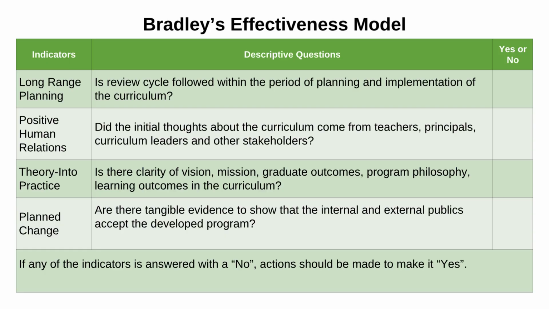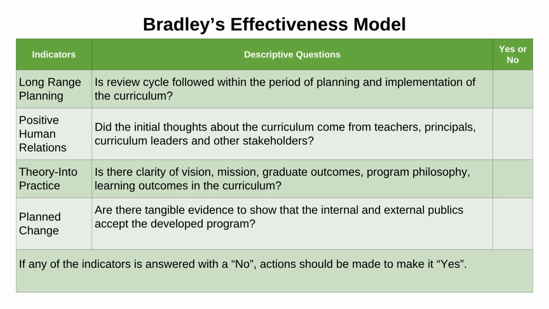7. Theory into practice. Question: is there clarity of vision, mission, graduate outcomes, and program philosophy in the curriculum? Example evaluation: the curriculum should clearly reflect the institution's goals, for example preparing students for college, employment, or active citizenship. How to evaluate?